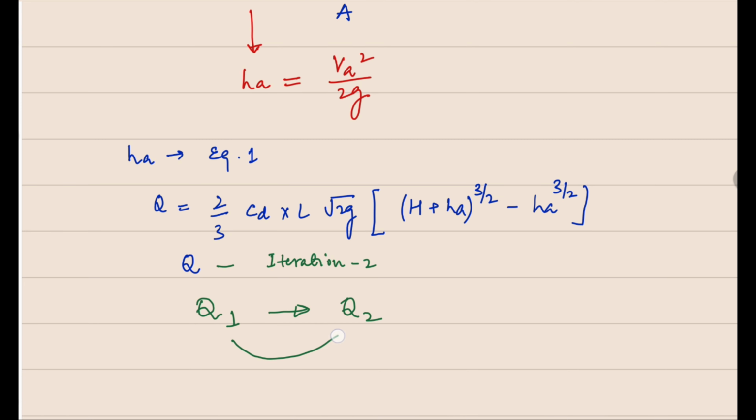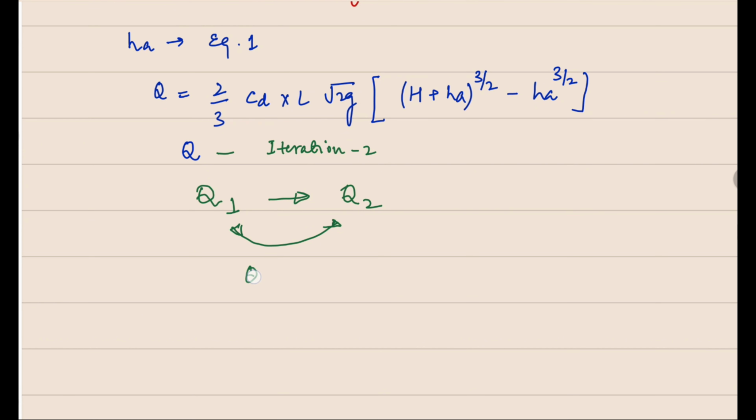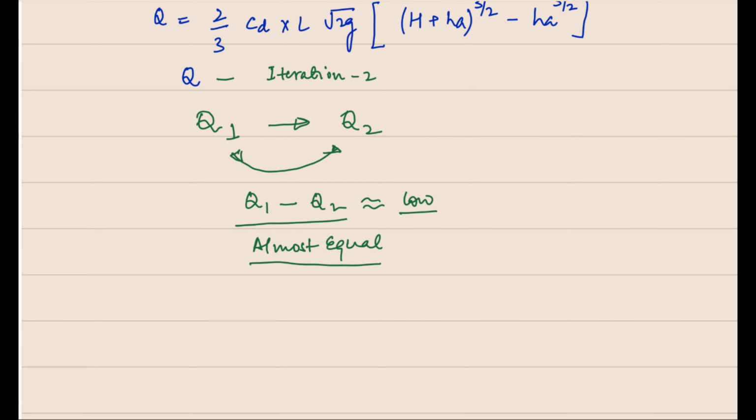Once the difference between Q1 and Q2, Q1 minus Q2, is very low, or they are comparable or almost equal, then whatever the value of Q you are getting will be your actual discharge. Otherwise, you will continue to recalculate the value of Q.